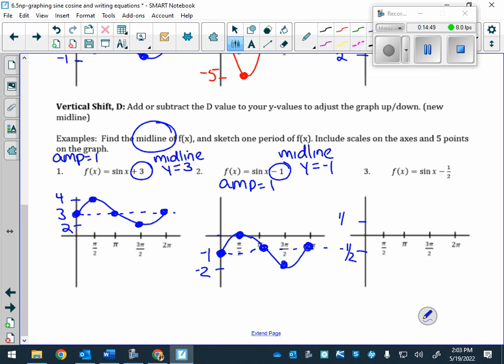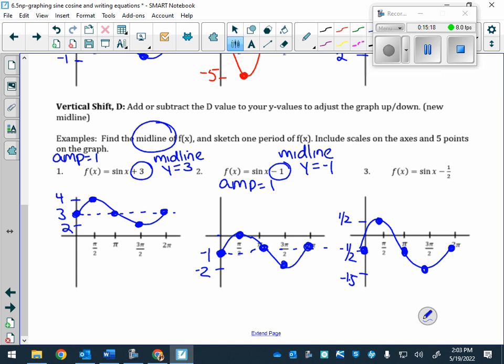What's our minimum? Where do we start? 0, negative 1/2. Then where do we go? Pi over 2. Pi. 3 pi over 2. Good.